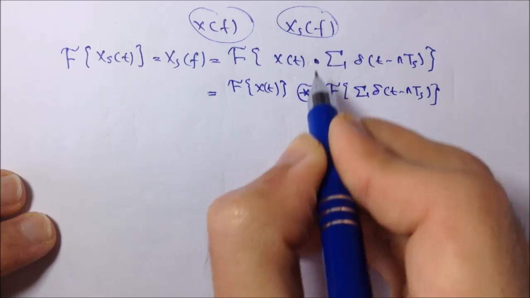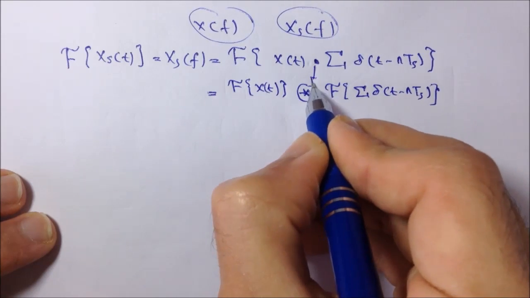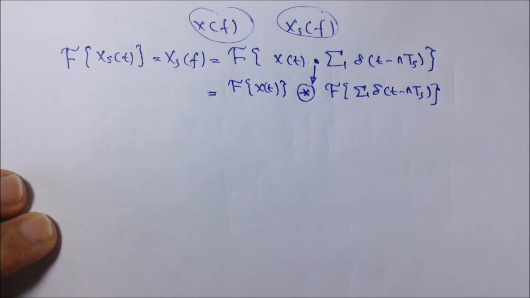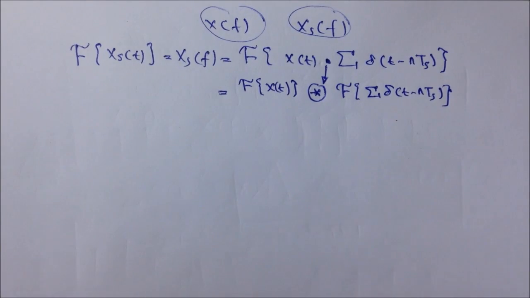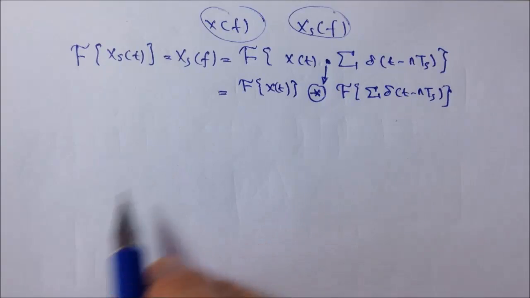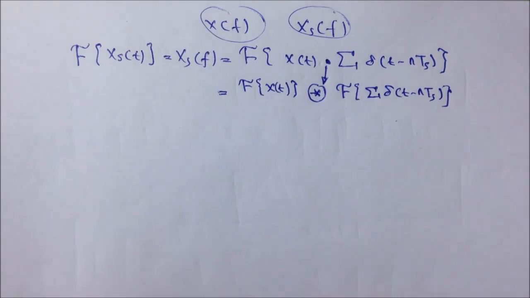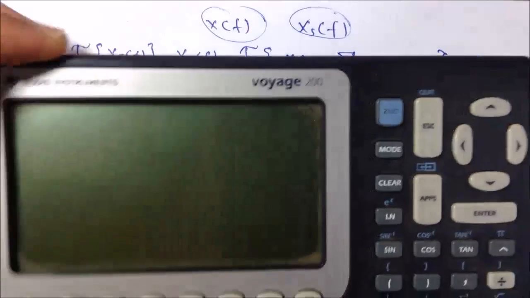So this product is replaced by a convolution in the frequency domain. To proceed, we have to understand how to evaluate the spectrum of this impulse train. To do this, I have a very interesting method of evaluating the spectrum. I will do it graphically.